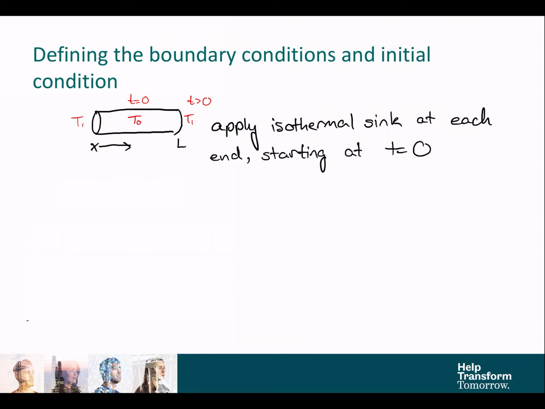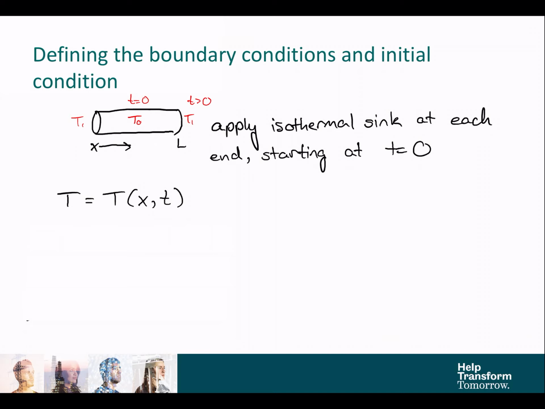So we're going to need 3 conditions, 2 boundary conditions relating to the spatial derivative and 1 initial condition relating to the temporal derivative. Our solution is going to be a temperature profile in which the temperature is dependent on both x position and time.